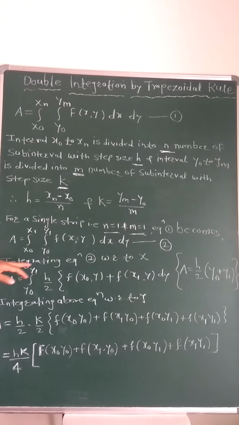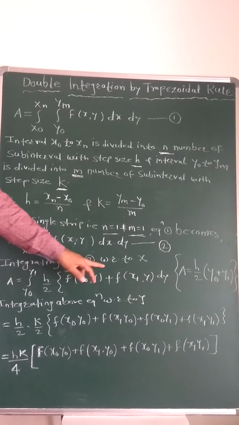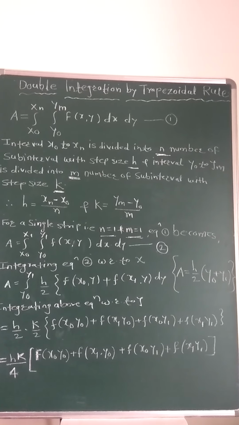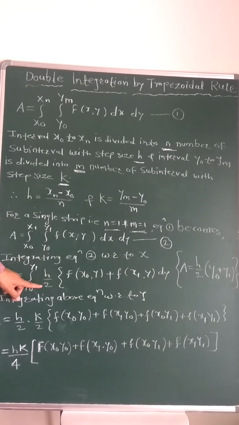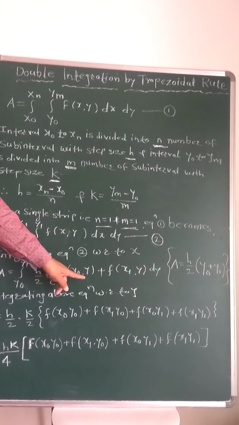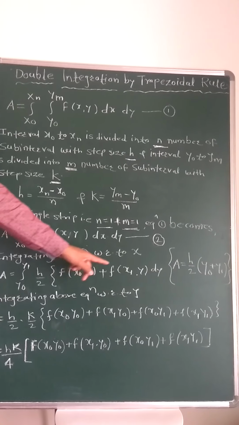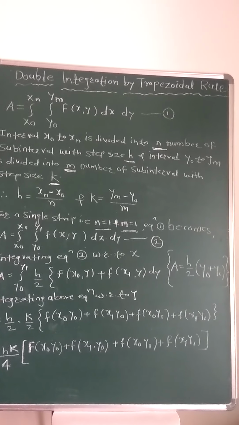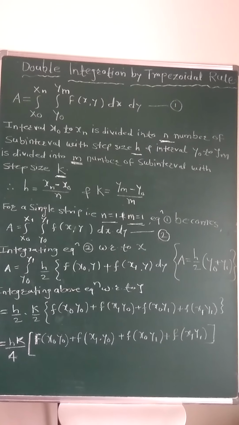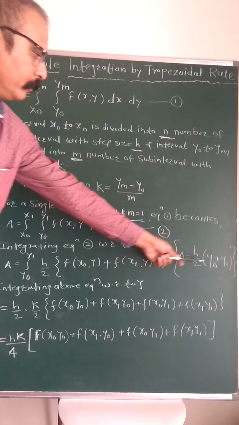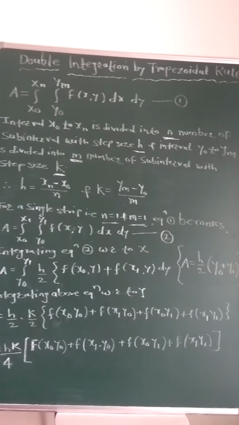Therefore, first integrating equation number 2 with respect to x, we get area A is equal to integration y0 to y1 of h by 2 into f of x0, y plus f of x1, y dy. As we know, area by using trapezoid is given as h by 2 into y0 plus y1.